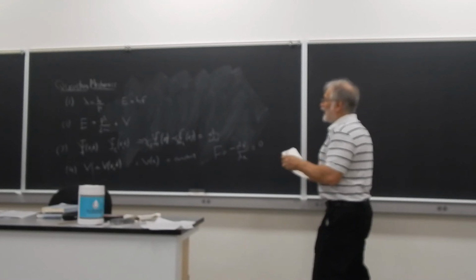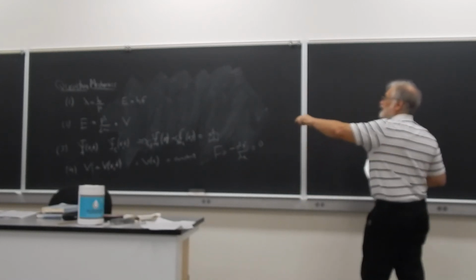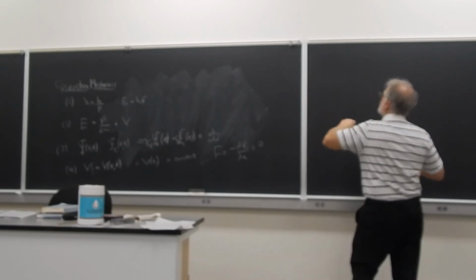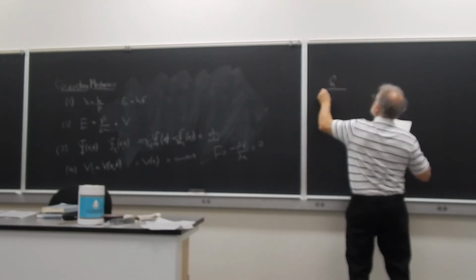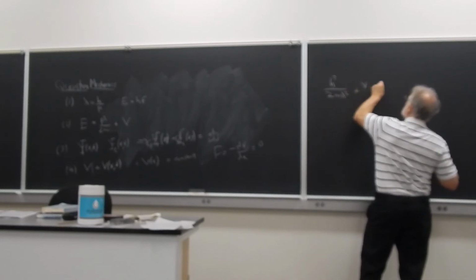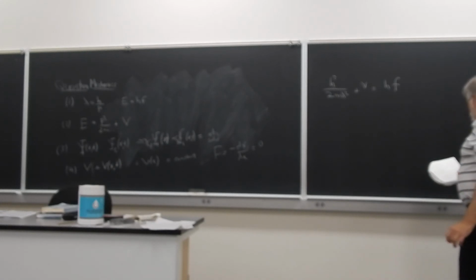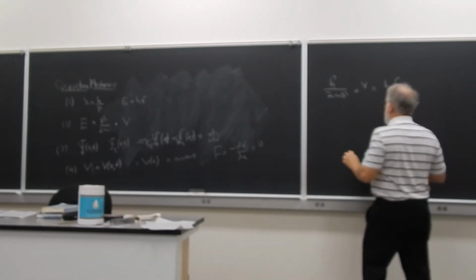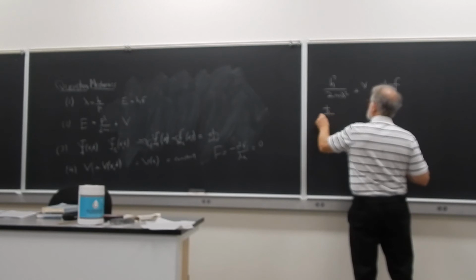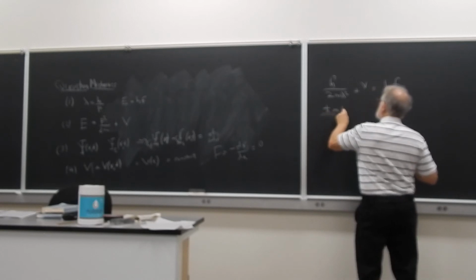So we can rewrite our energy equation, equation number 2, using the expressions in number 1, to say h squared over 2m lambda squared plus V is equal to h times f. I'm going to make the substitution: I'm going to use h bar as equal to h over 2 pi.